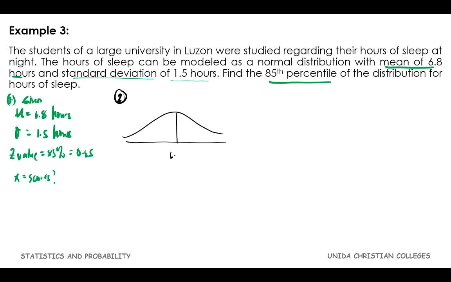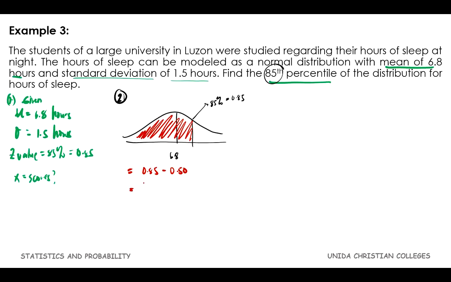Our center is 6.8. Okay, alam natin na yung 85 percentile is somewhere here. Here is our 85 percentile or 0.85. So, inaalam natin kung ano yung oras ng tulog ng mga respondent na to. Ang gagawin natin, alam natin na 0.85 yun, ima-minus natin si 0.50.